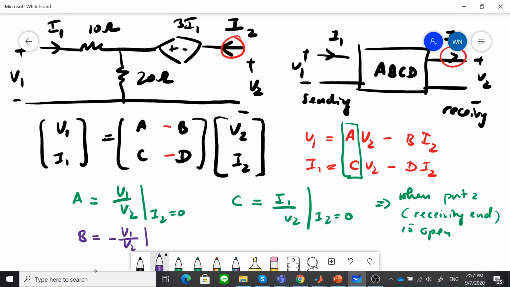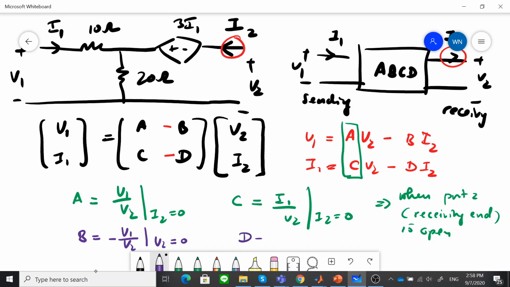This is only true when, oops, sorry, I made a mistake. Did I make a mistake? So in this case, I2, oh, I'm sorry, it's true when V2 is 0.